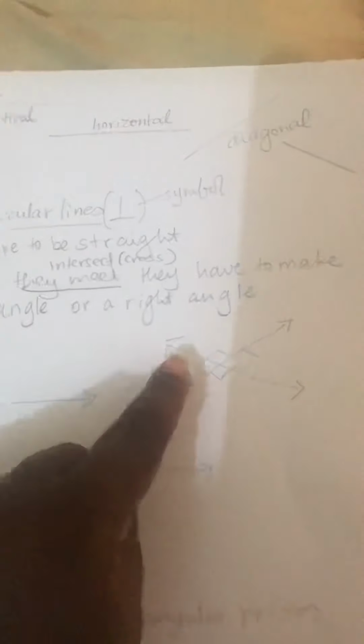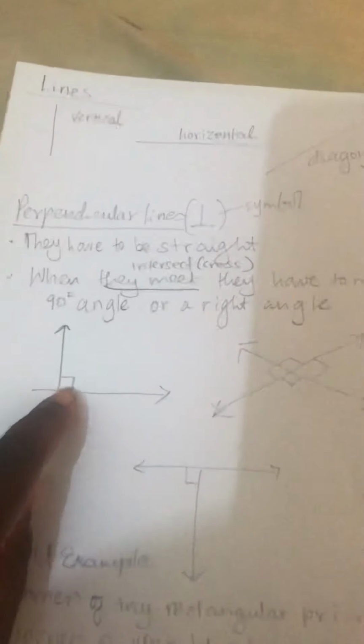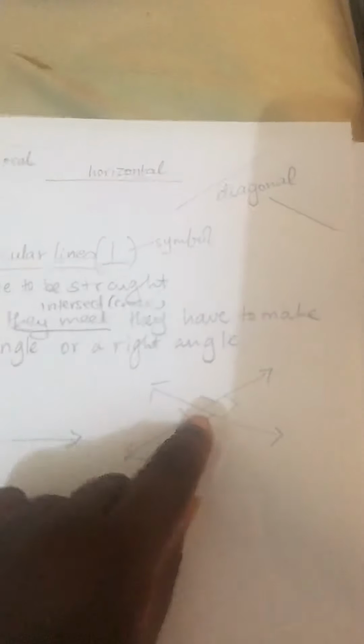Here, when you have the lines crossing and they make 4 equal angles, and you see this box, the minute you see this box, this is the sign for 90 degrees. You should know that. So if you see this box, it means these 2 lines are perpendicular. This line is perpendicular to this line.